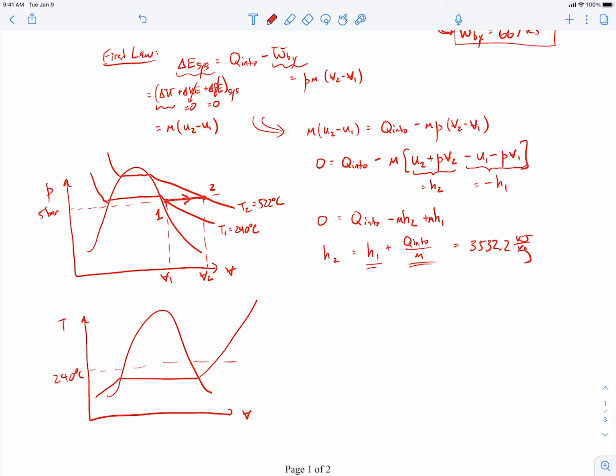So here's our isobar for 5 bars, and there's our state 1. Then we just move along the same isobar to get to state 2, and state 2 was 522 degrees C. We're just moving on the same isobar up to state 2. So that's what it looks like on a TV diagram. Okay? All right, I think we'll just end the example there then.